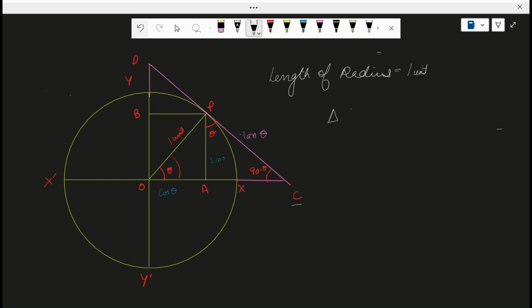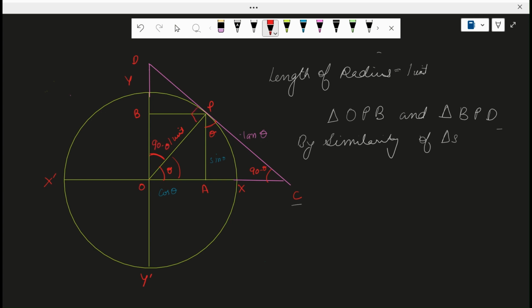Triangle OPB and triangle BPD. Again, by similarity of both these triangles, we can see this angle will be 90 minus theta.